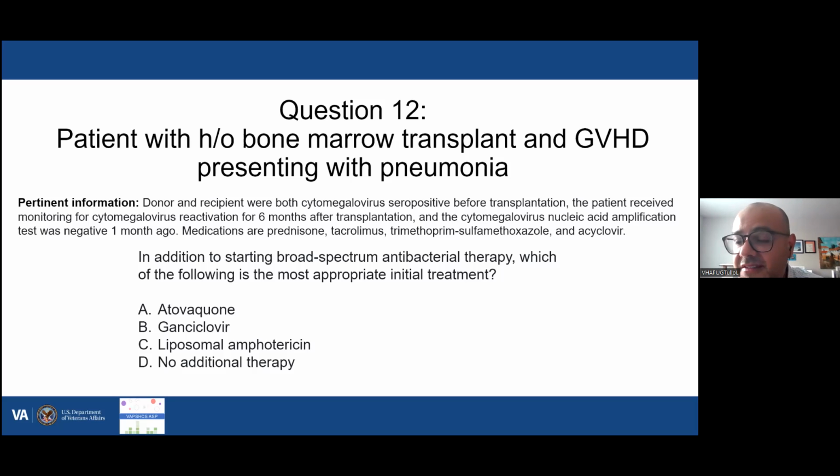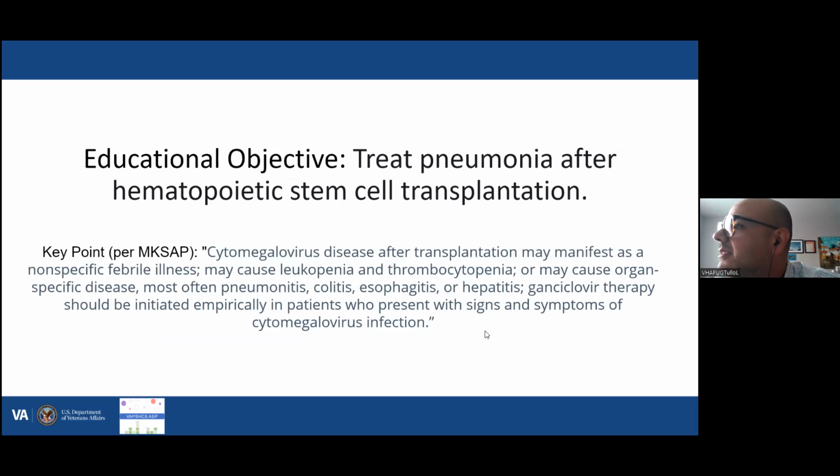So yes, you start ganciclovir in that patient would be the answer. I don't know if there's any other teaching points that they wanted to make. Oh yes, once you have CMV in one place that's disseminated in these types of hosts, you want to ask at least questions for symptoms eliciting involvement of other places as well.